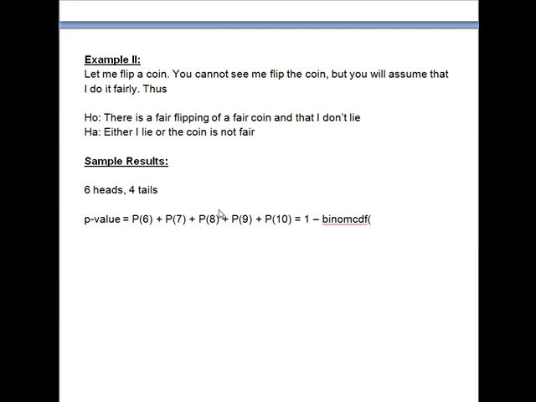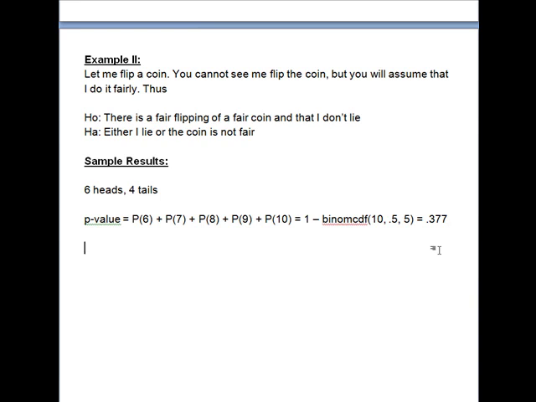The CDF of n is we did 10 flips, p is 0.5, and we want to count up to 5, so 0 to 5. So we put a 5 here, right? And that probability is 0.377.